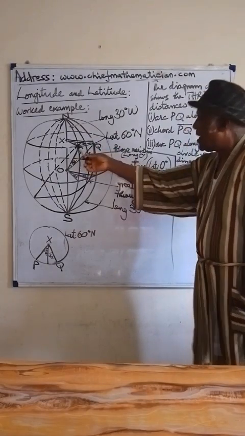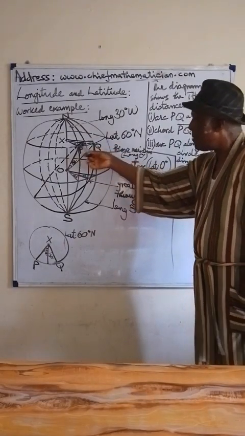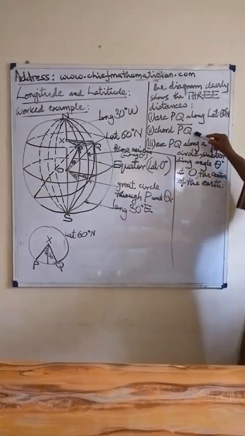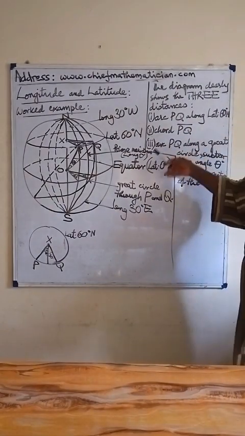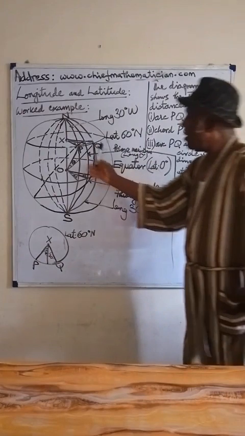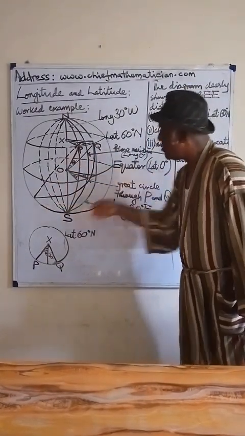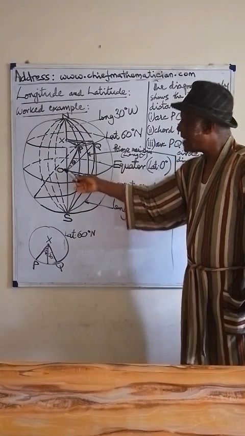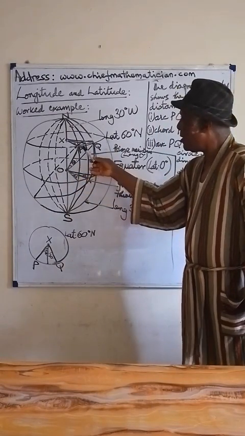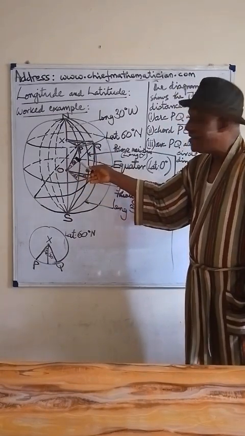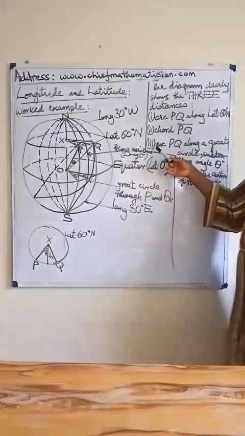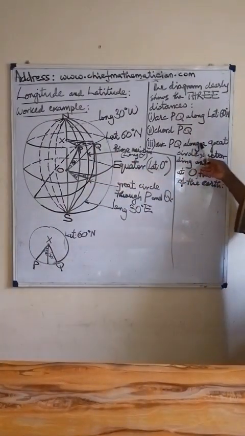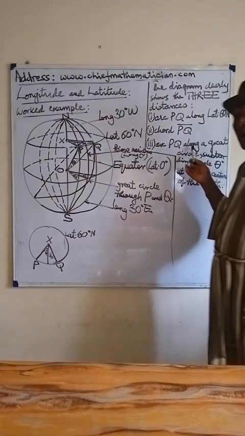The chord PQ, you can see the straight line PQ, the chord PQ. The arc PQ, you can see the great circle that passes through P and Q, having O as its center. That great circle also gives you its own arc PQ. So you have arc PQ along a great circle.